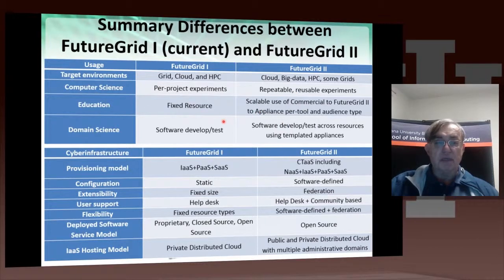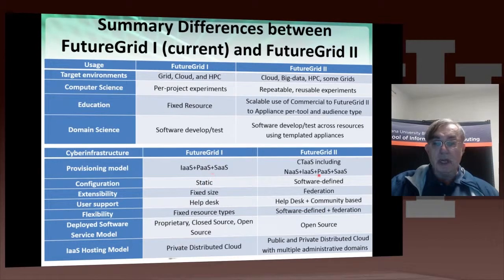Here we have fixed resources in education, but we want to allow one to use either Amazon or FutureGrid or appliances, depending on the particular educational needs. We want to move application people to these templated appliances, specifying the applications so one can span resources. That was the goal of Cloud Mesh. So that's the difference between FutureGrid I and II, the addition of Cloud Mesh-like capability in templated appliances.